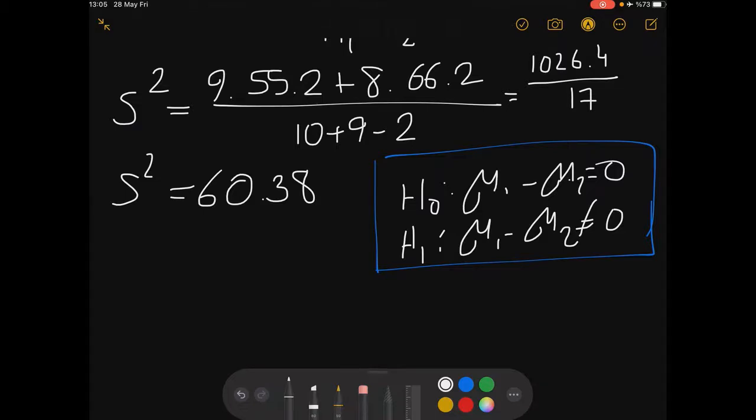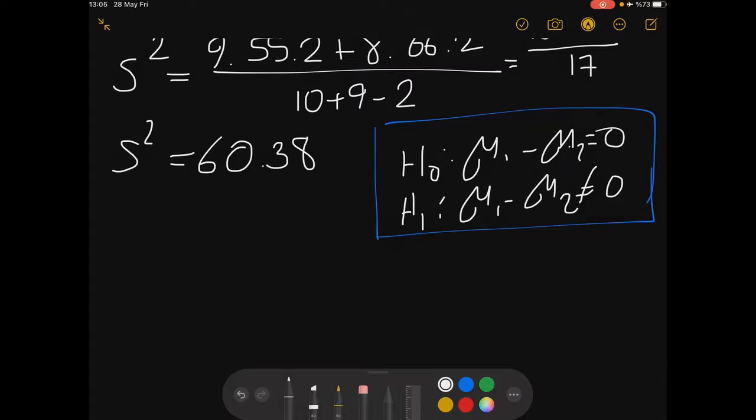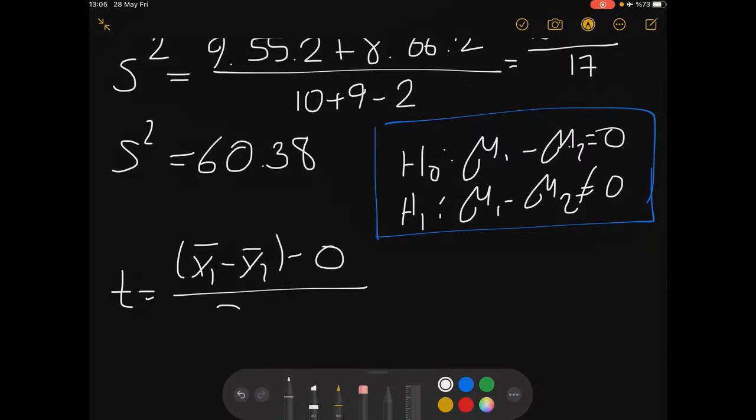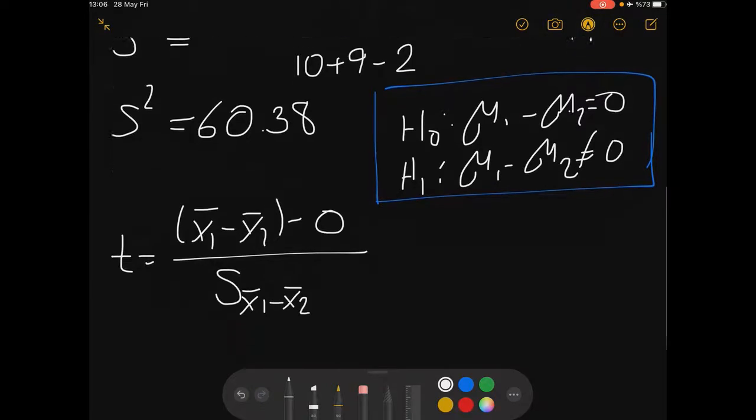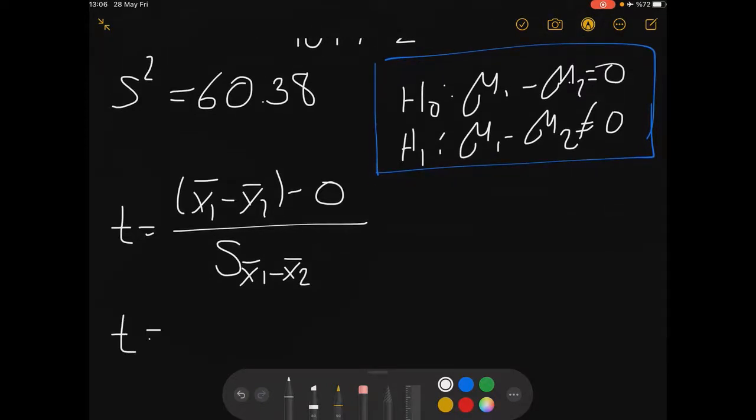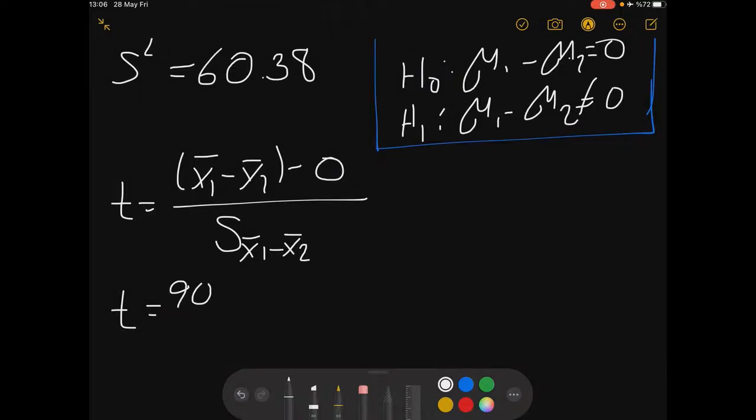And your t here should be x1 minus x2 minus 0, over s of x1 minus x2. So t equals 90.8 minus 81.52 over 3 point.